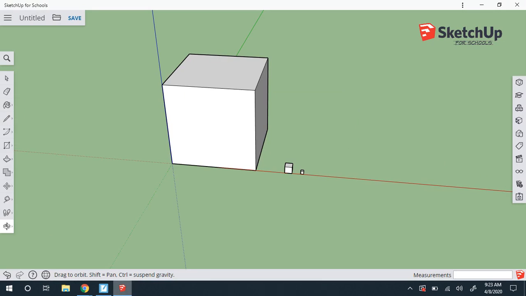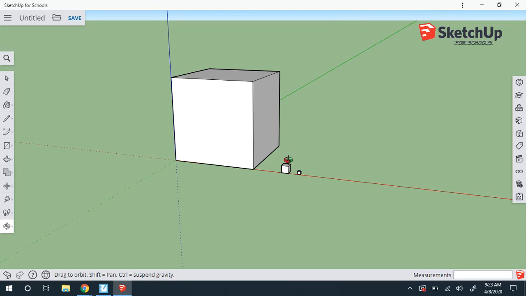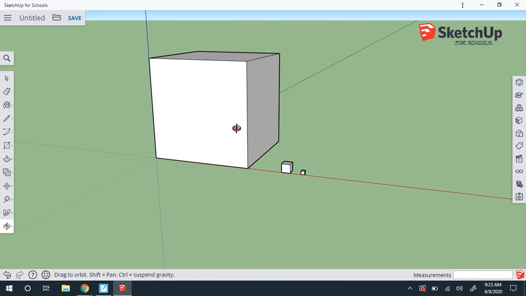Let's talk for a second about the impact that the size of our unit has on our cube. Here I've made models of 3 different cubes. This biggest cube right here is 1 cubic foot. That means that this side, this side, this side, all of these edges are equal to 1 foot in length.